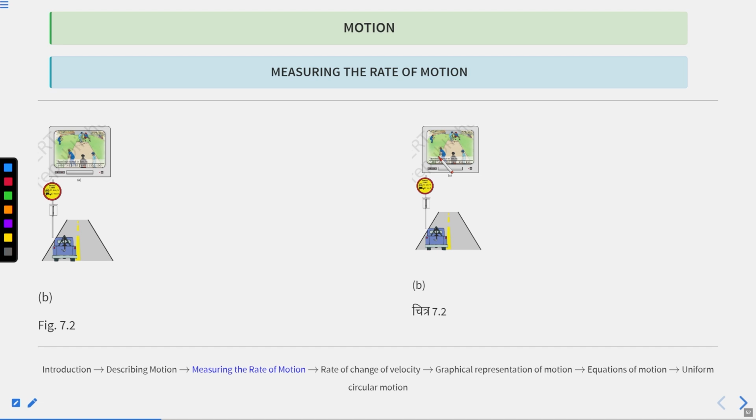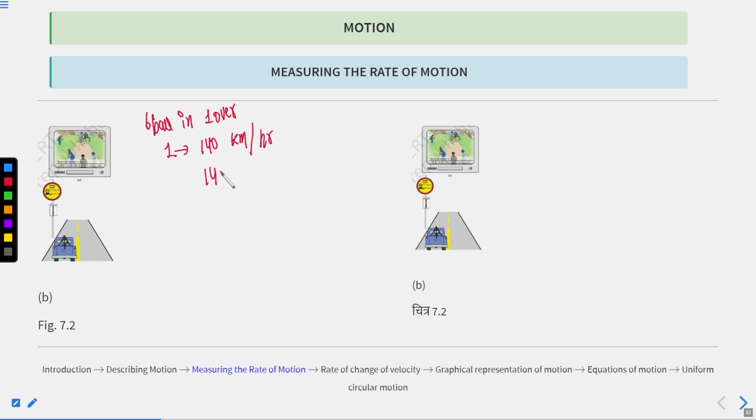Now let's examine these two pictures. In the first picture, there is a cricket match going on, and we are seeing it on a television. Bowling speed is given in kilometers per hour. There are 6 balls in 1 over. The first ball was thrown with a speed of 140 kilometers per hour.